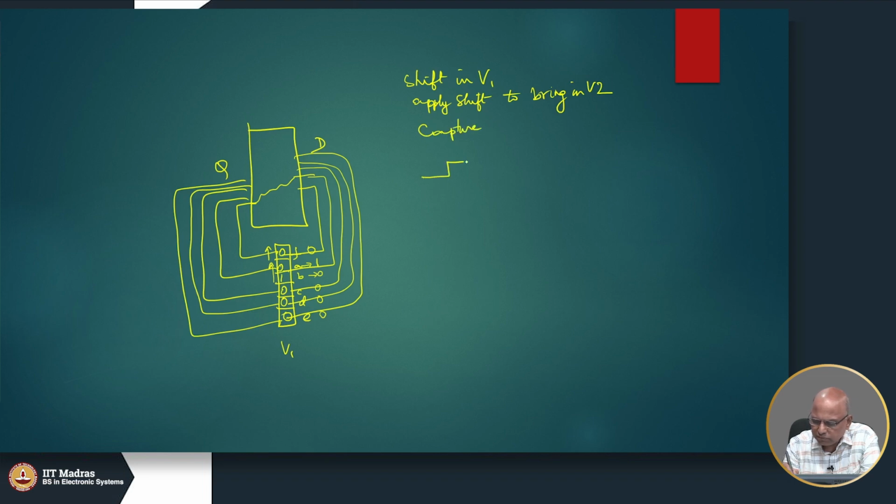So this is V1. So we have been shifting, then we do another shift to bring in V2.